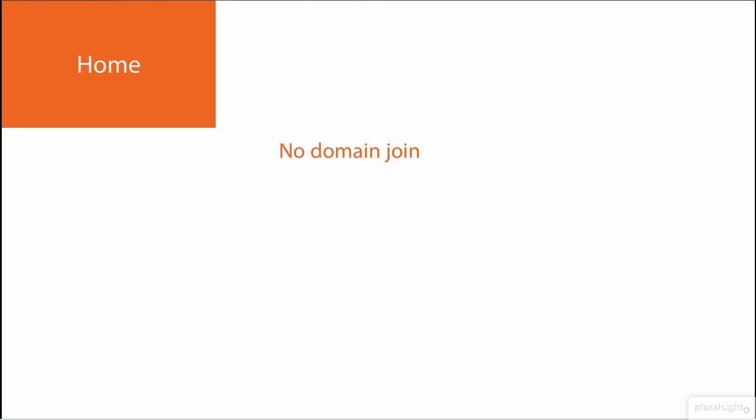So the Home version does not permit joining a domain. So this is a workgroup only or standalone only edition of Windows 10. No Active Directory or group policy, none of the enterprise features that domains provide.